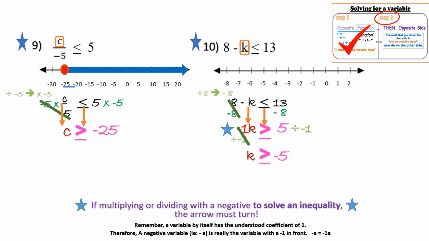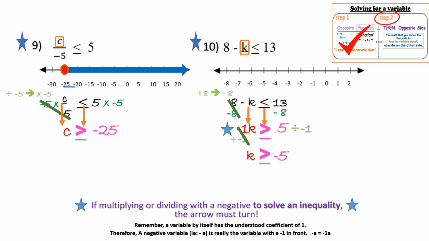I bring down my k and I bring down my arrow now pointing to the right and underlined. And then I have 5 divided by 1, which is 5. And then since they're opposite signs, a positive and a negative, it has to be negative 5. So we should end up, since we had to show that we had that understood coefficient of negative 1, and we divided by negative 1, now my arrow has to point to the right. Make sure you do that.